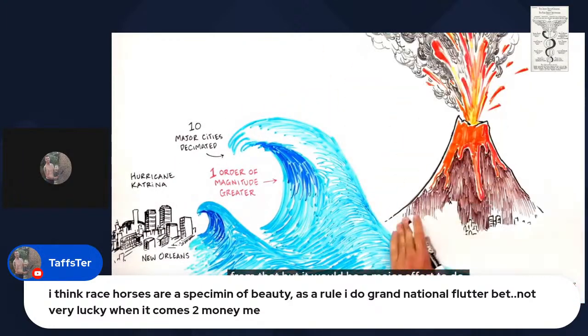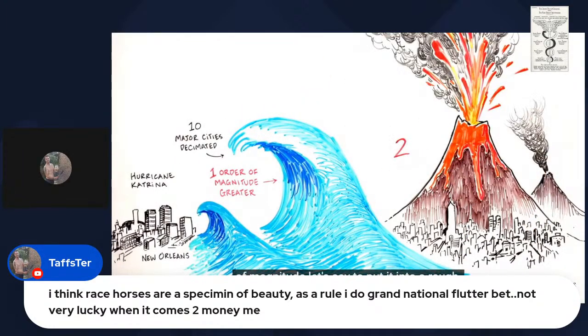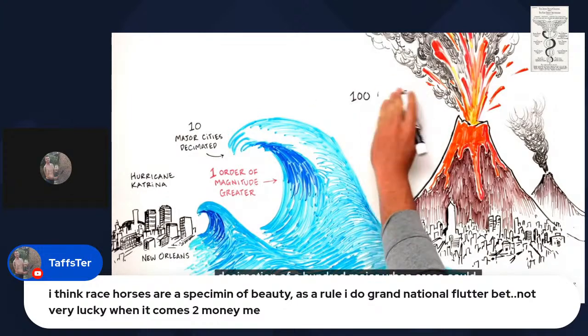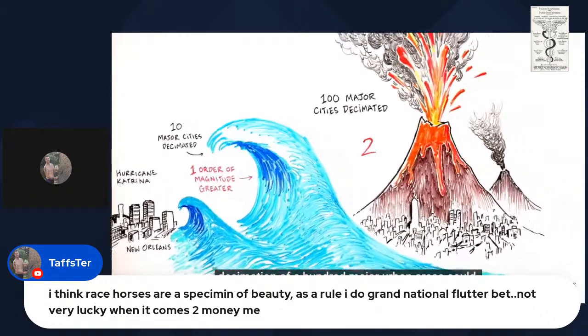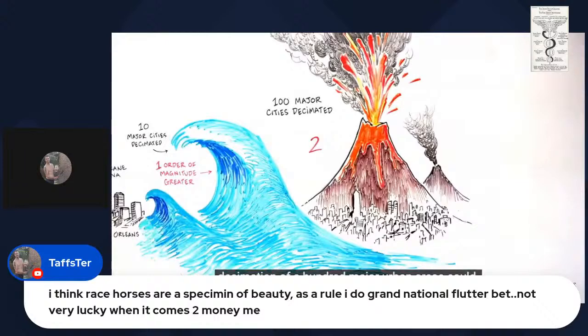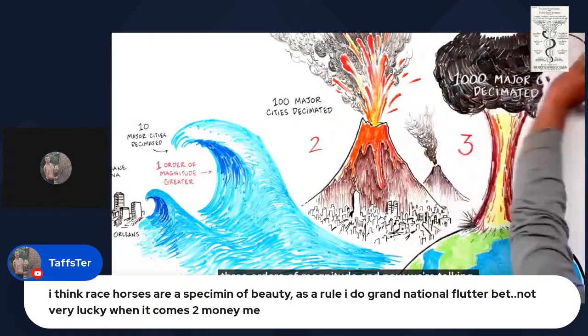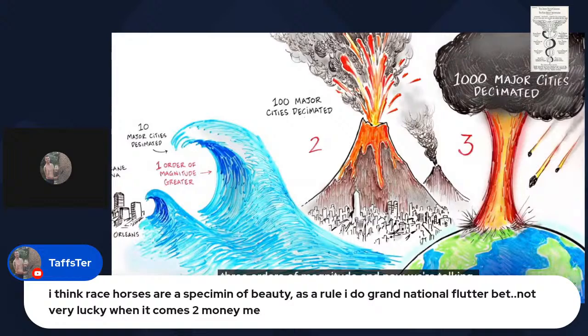Now, what if we were talking about 2 orders of magnitude? Let's say, to put it into a rough equivalency, an event that could cause the decimation of 100 major urban areas. Could we recover from that? Questionable. Now let's go 3 orders of magnitude. And now we're talking about the equivalent of 1,000 major cities completely decimated.